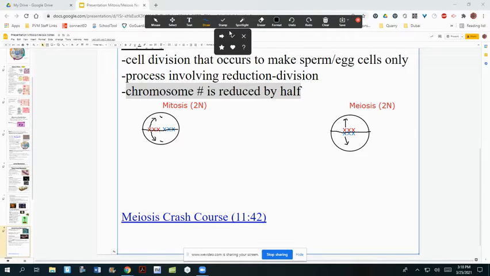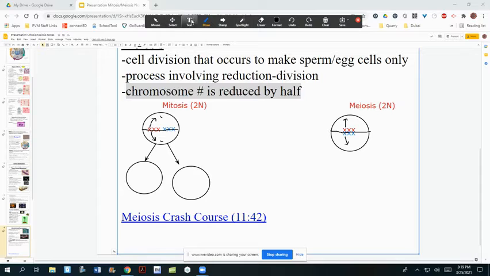So if I put the finished product here, let's go like this. All right, and let's put a little arrow in here. We get 2 cells, and those cells are going to be identical.